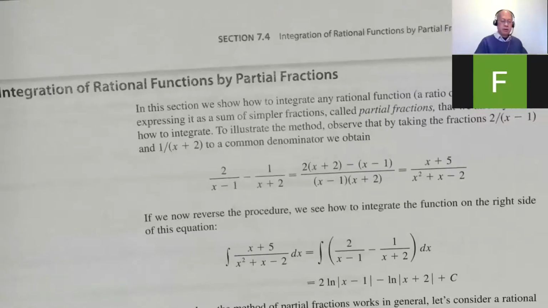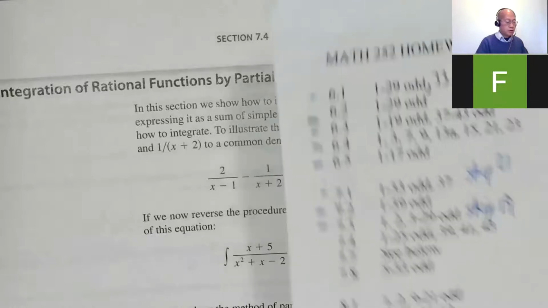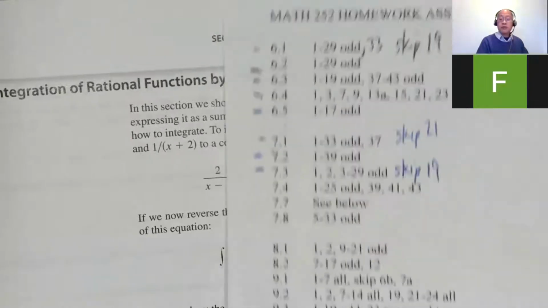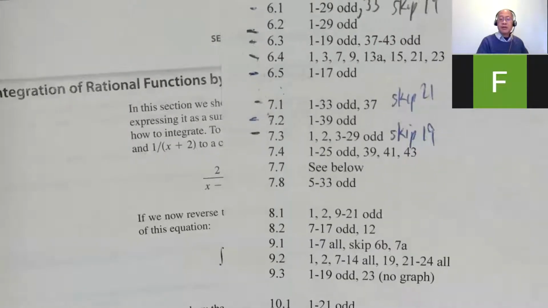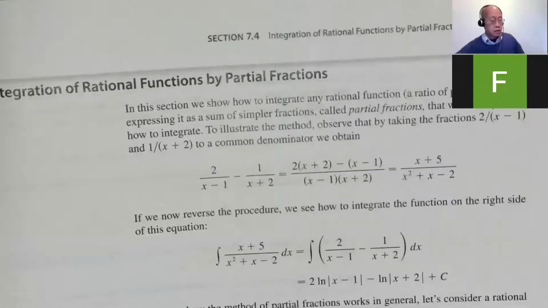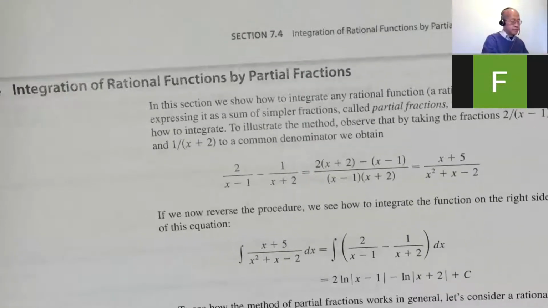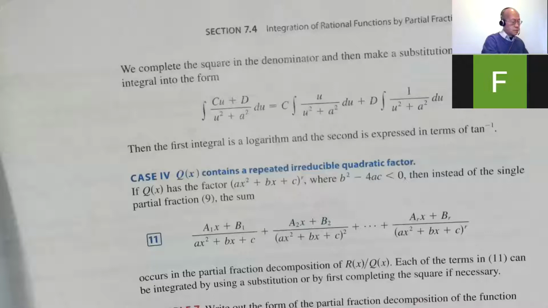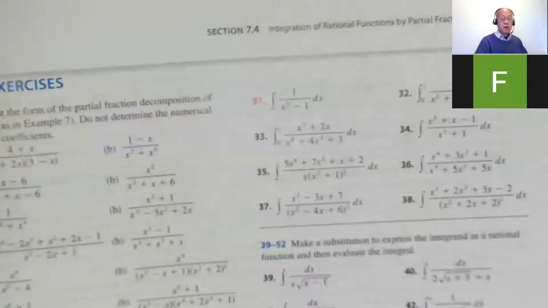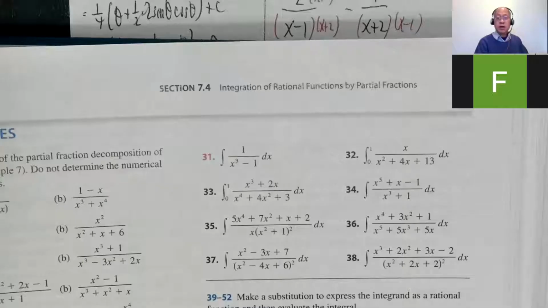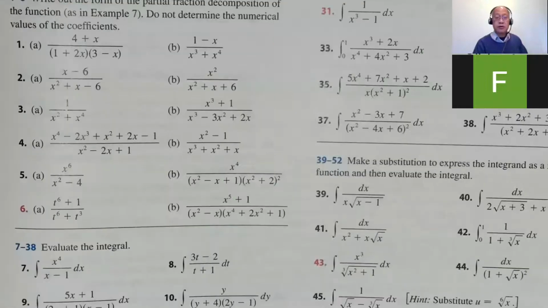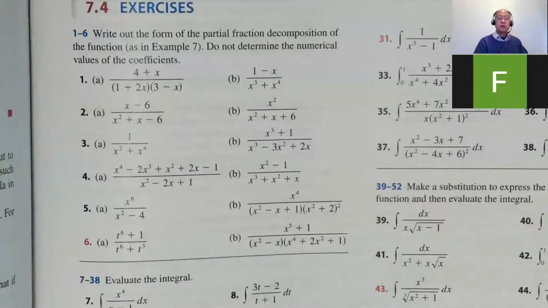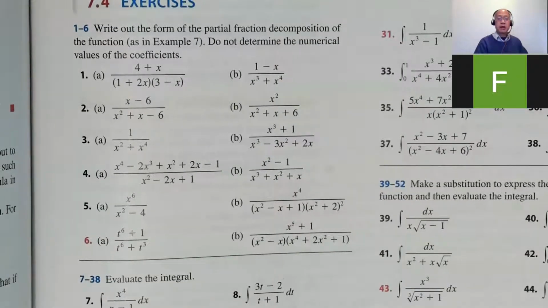First, let me show you the homework for those of you who don't have it. 7.4, 1 to 25, odd, 39, 41, 43. So page 501. The highest problem to go is 43. Let me show you the homework for those of you that don't have the book.